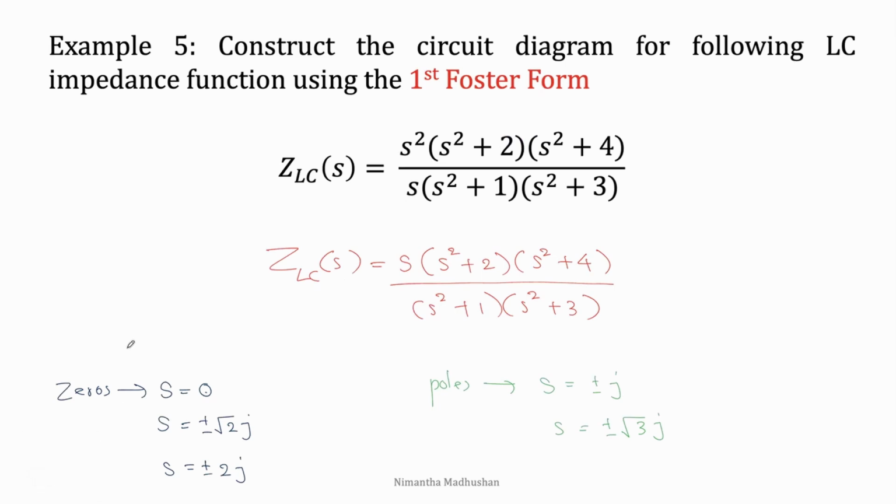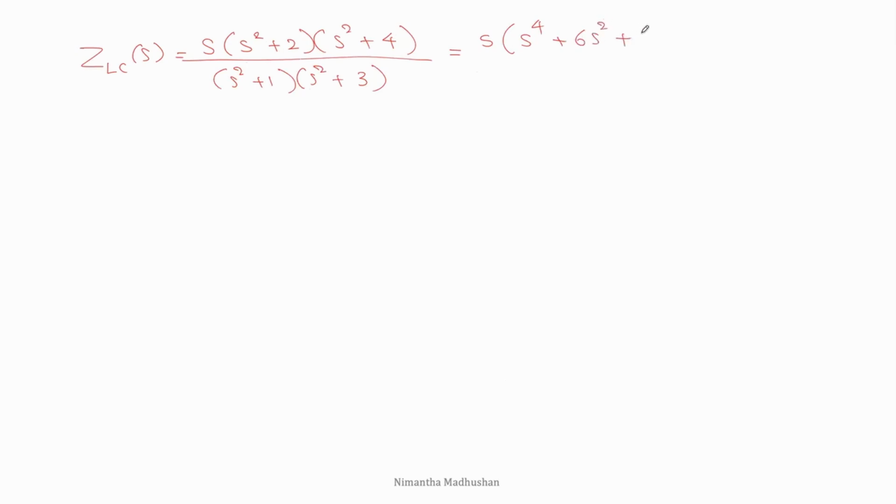In Foster form, we have to obtain the partial fraction expansion of this impedance function. I will write the impedance function again: Z_LC(s) equals s times (s squared plus 2)(s squared plus 4) over (s squared plus 1)(s squared plus 3). Then we can expand the numerator: s times (s to the power 4 plus 6 s squared plus 8) over (s squared plus 1)(s squared plus 3).